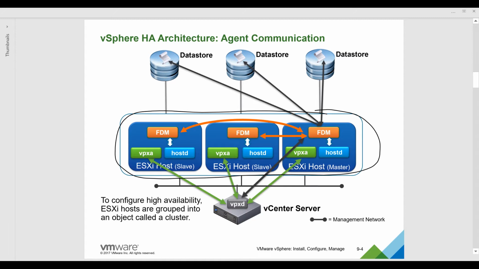And then we have our VPXA and hostd that are running. The fault domain manager talks with these, but it's the VPXA on each ESXi host, as you can see in this graphic in the green, that talks to the VPXD of the vCenter server, and then vCenter server determines how to manage it.